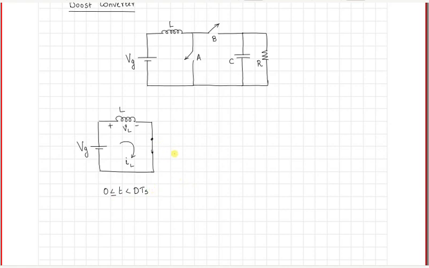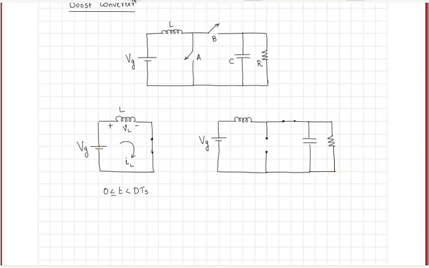Now we need to also look at the condition when switch A is opened. Again we have Vg appearing in series with the inductor, and the inductor is carrying a certain current, so this switch is now open. So we need to close the switch B. So this switch is now closed, and you have the capacitor, and here we have the resistor.